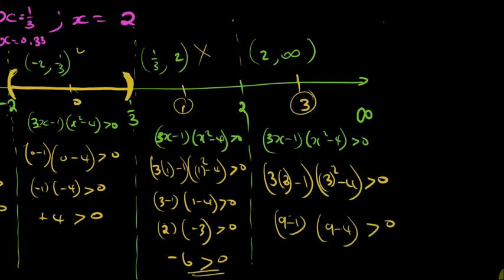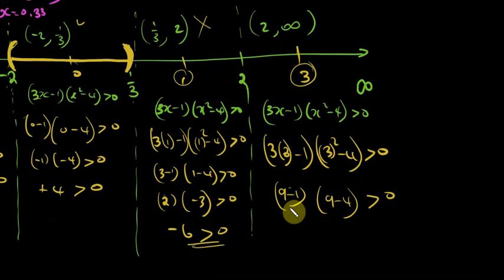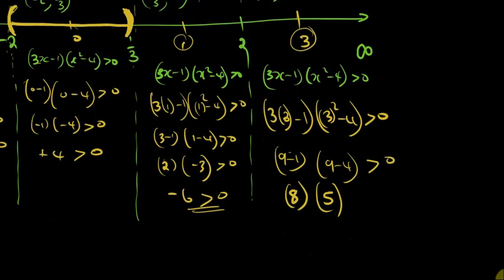Is it greater than 0? 9 minus 1 gives us 8, and 9 minus 4 gives us 5. So 5 times 8, which is 40.